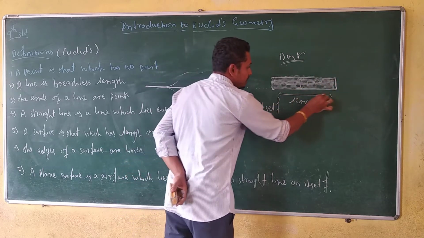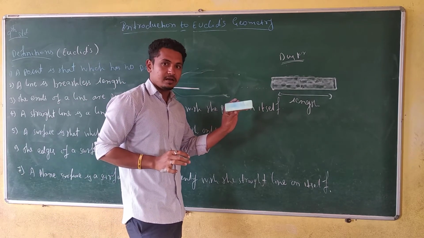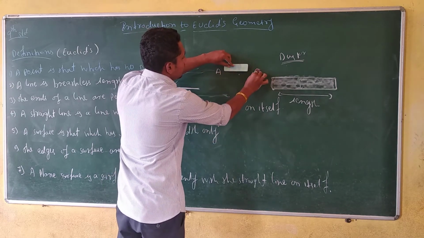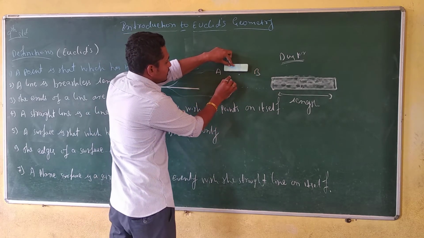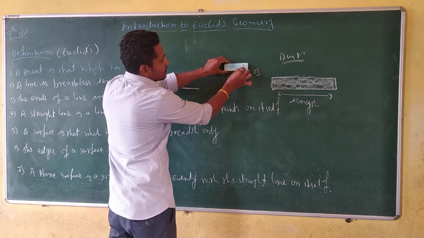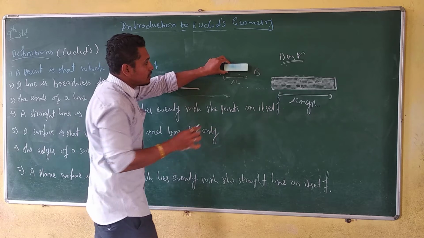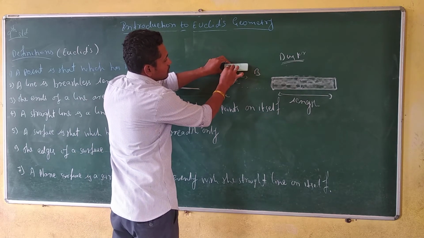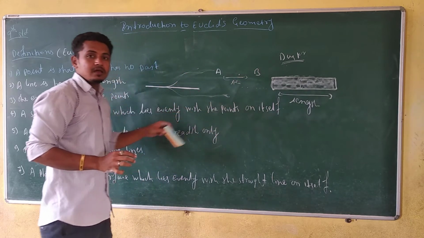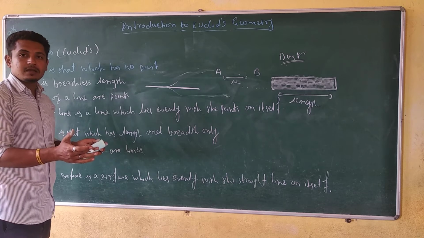This is the length of the duster, with point A and point B. This upper part is the surface of the duster. Consider the breadth of this surface is 2 cm and the length is 4 cm, which means the surface has length as well as breadth.